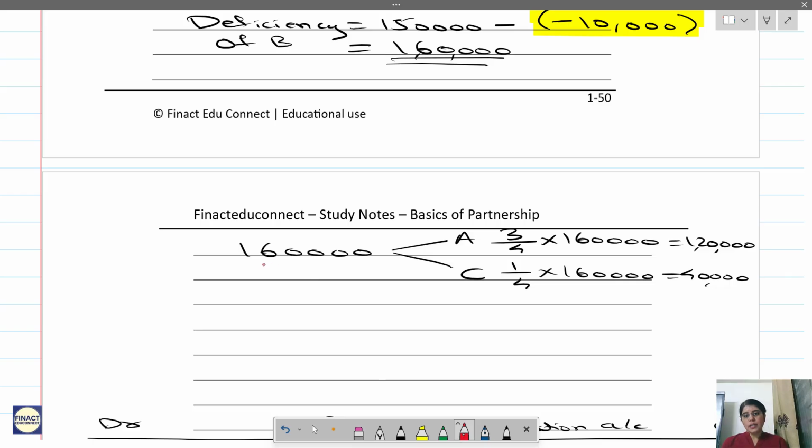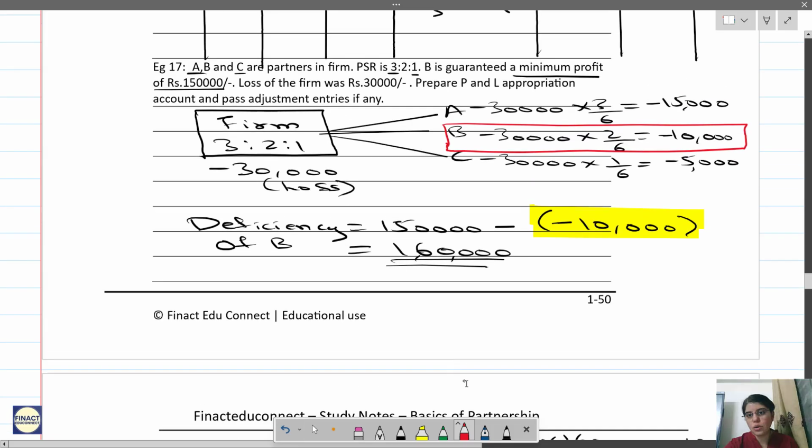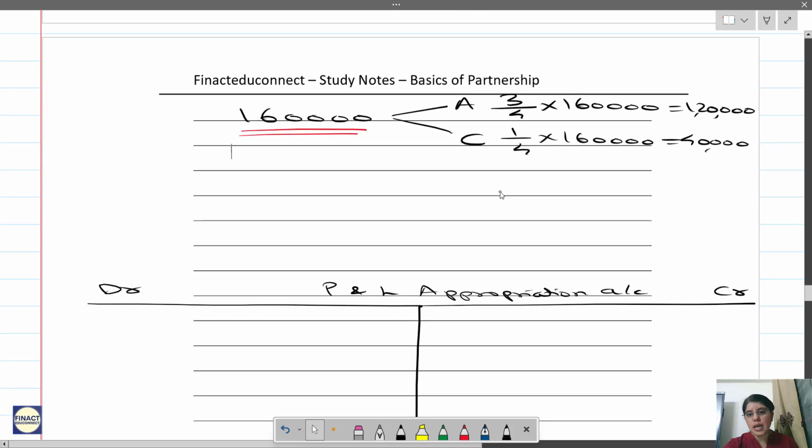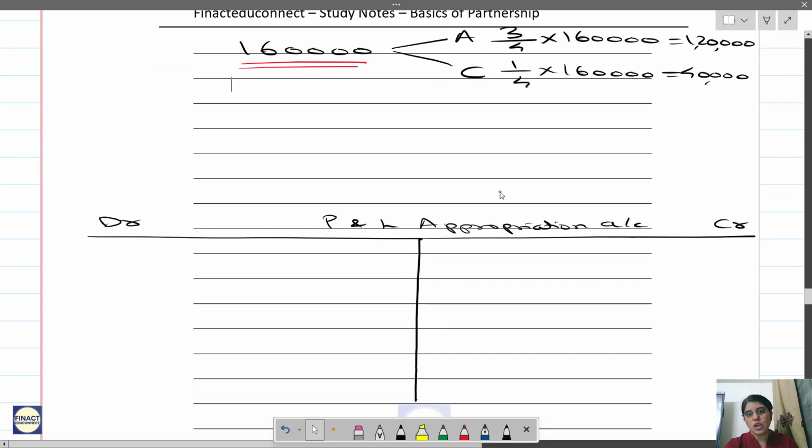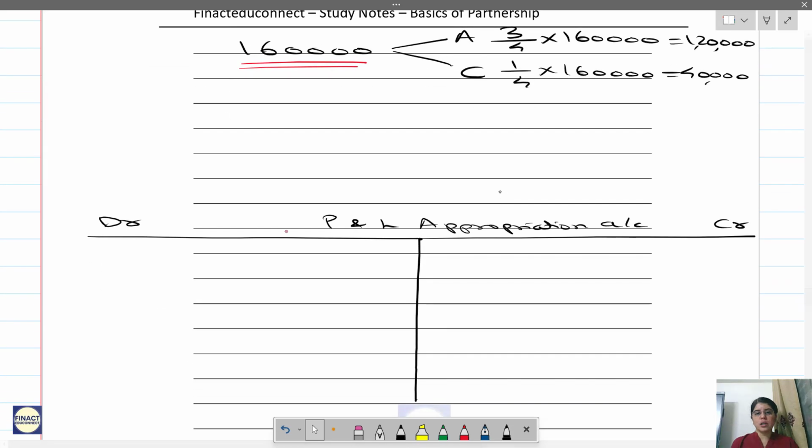Whatever the deficiency is, it is more than their profit, correct? A and C don't have that profit to adjust it directly in the profit and loss appropriation account. So whenever you have a loss, method 1 of accounting will not work.